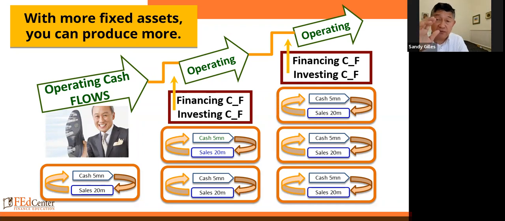So therefore, you will have 3 cash cycles operating: 5 million converting to 20 million in sales, 5 million converting to 20 million, 5 million converting itself to 20 million in sales. So 3 cash cycles will give you more operating cash flows. But to make that happen, you needed to have additional financing cash flows. And the moment you get the money, invest it in machines and factory. That would be your investing cash flows.